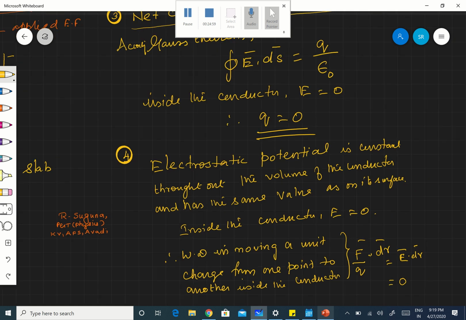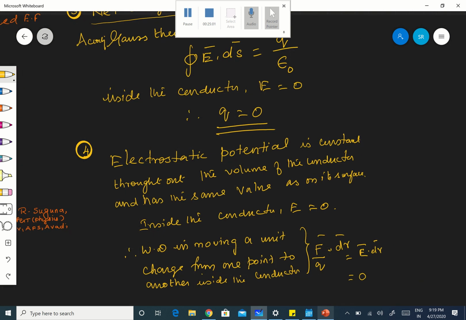And the work done in moving a charge from one point to another is nothing but the potential difference. Therefore the potential difference is equal to 0.